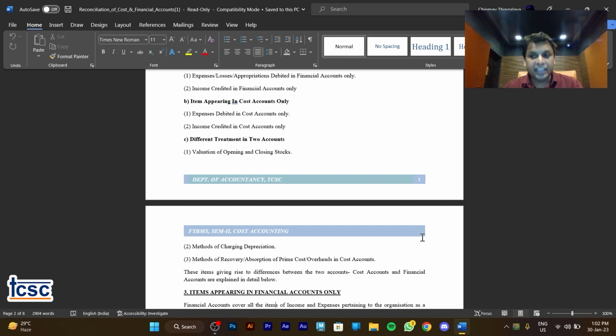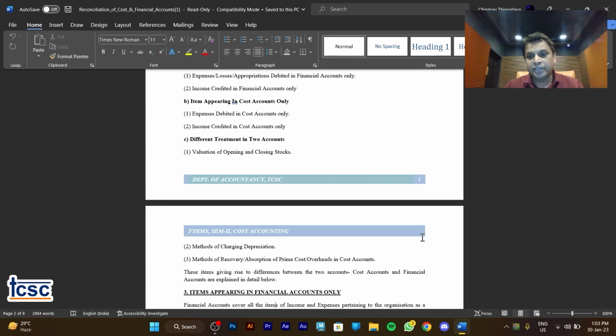Closing stock or inventory as per FIFO method has some different value, and as per WAC method is going to give me some different value. So what is the difference? For example, the factory accountant valued the closing stock as per FIFO method, and the cost accountant valued the closing stock as per WAC method. Now, we know that these two methods, FIFO, first in, first out, and WAC, weighted average cost, are going to give me two different figures of closing stock.